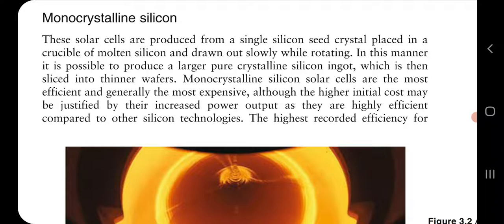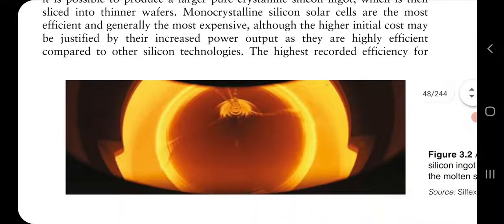After heating and melting the silicon, the molten silicon is rotated, and we get a thin pure crystalline silicon, which is then sliced into thin wafers. This is the most important and most expensive, and it has the highest efficiency, more than 25%.